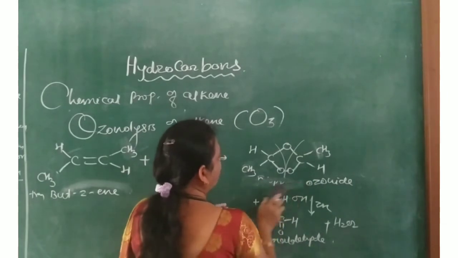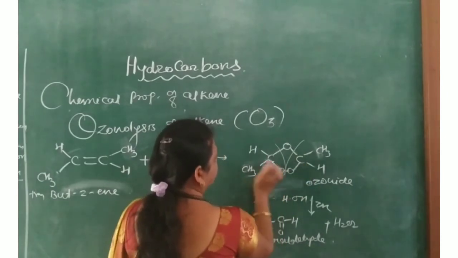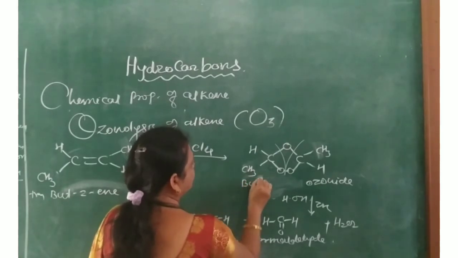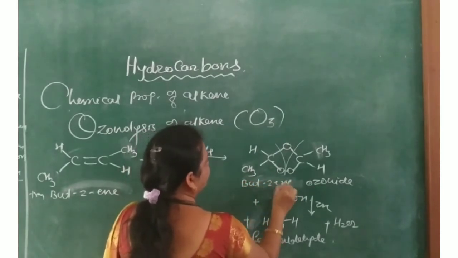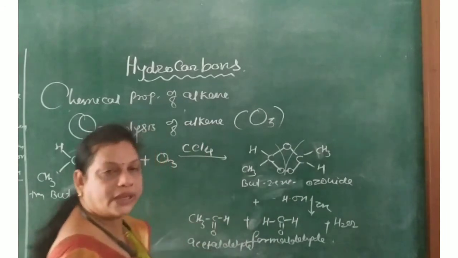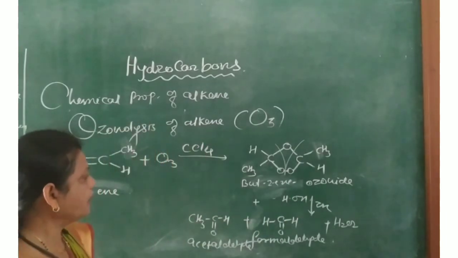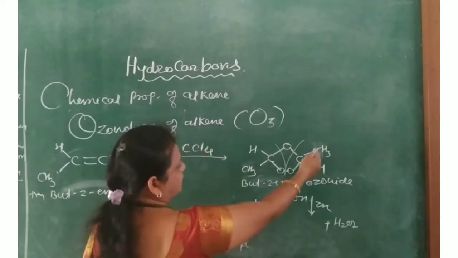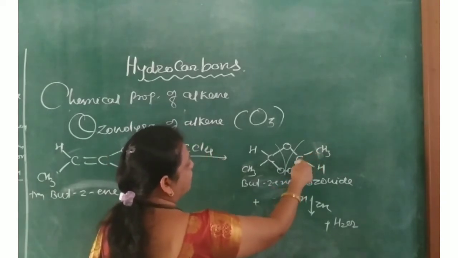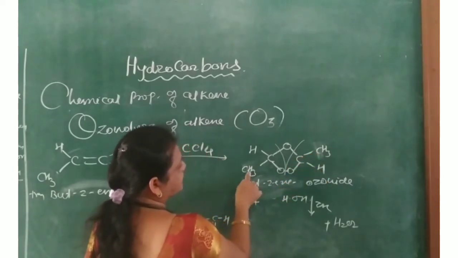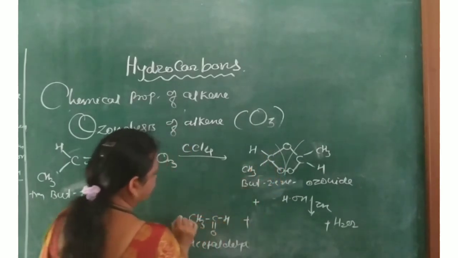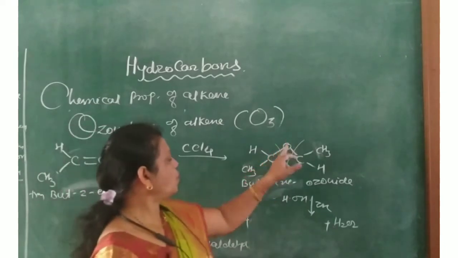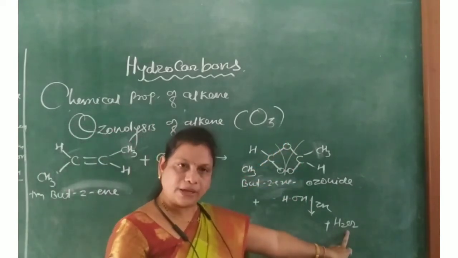The name of this is but-2-ene ozonide or butylene ozonide. Now from both sides we get CH3 C double bond O H, so acetaldehyde is obtained twice, plus O combined with H2O to form H2O2.